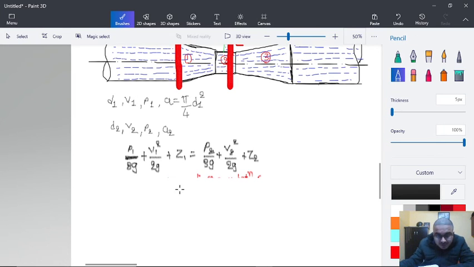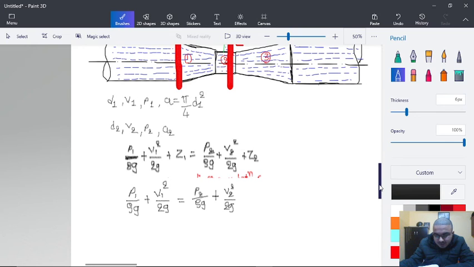So we can further simplify this as P1 upon rho g plus V1 square upon 2g is equal to P2 upon rho g plus V2 square upon 2g.